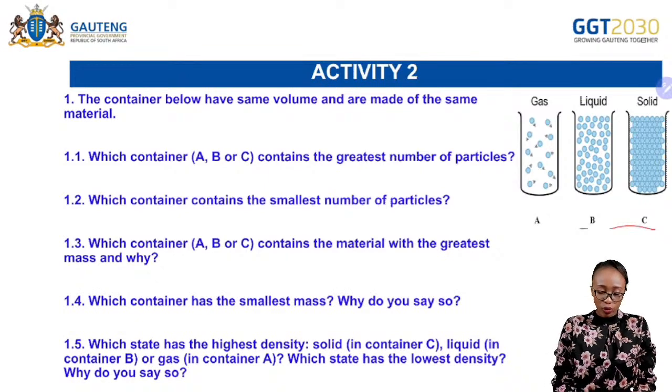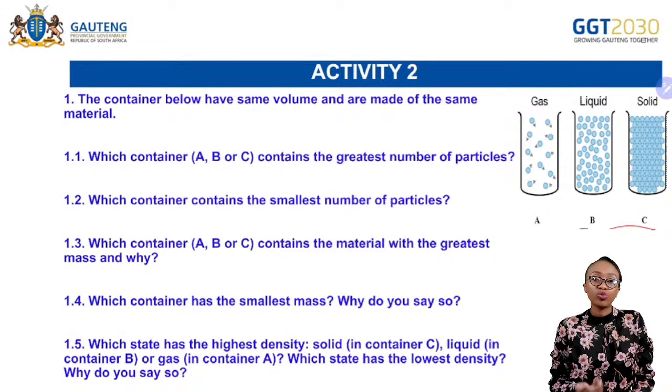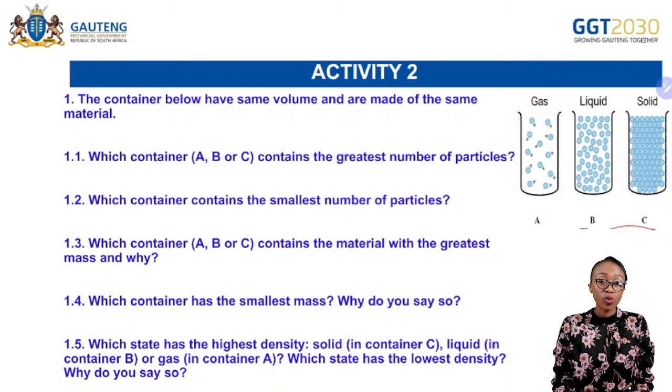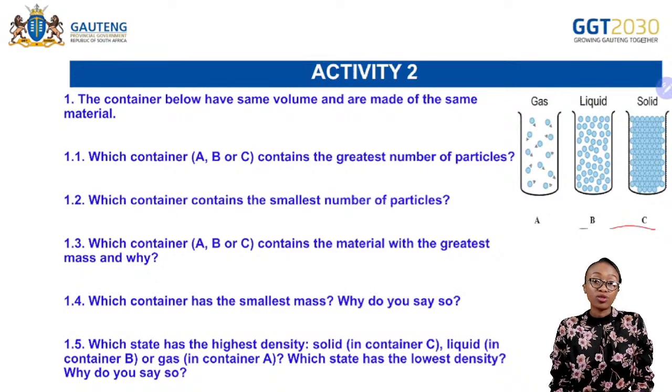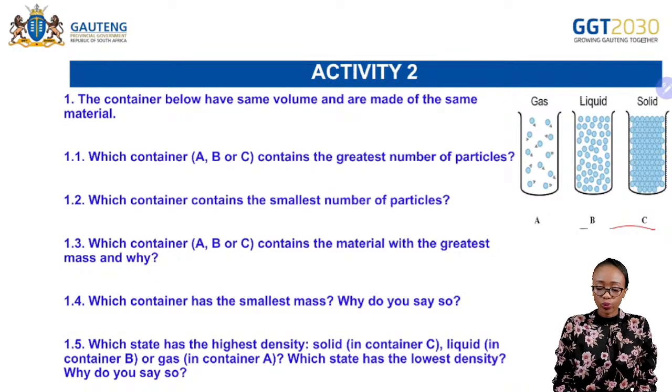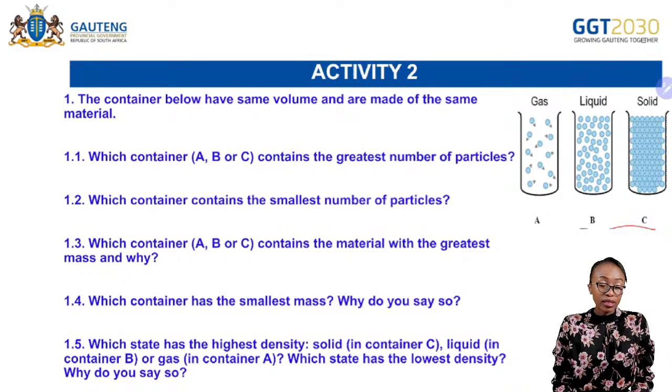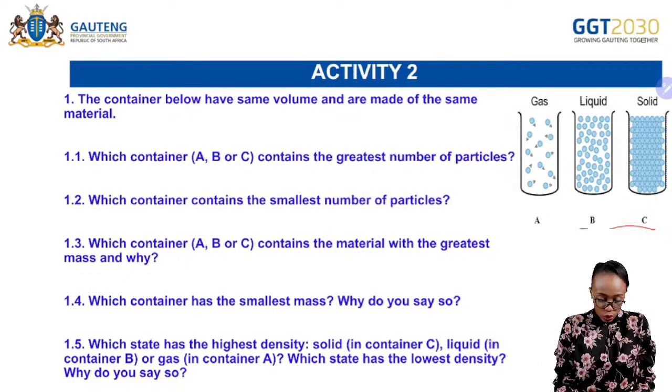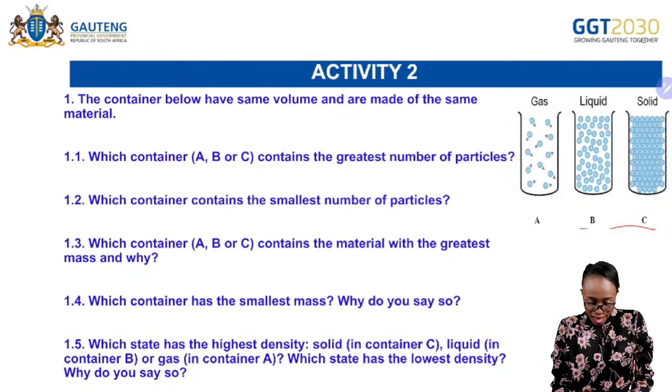So this is a two-part question. You mention which container contains the greatest mass and why you are saying so. And then the fourth one: which container has the smallest mass and why do you say so? Still a two-part question. And then 1.5 reads, which state has the highest density?